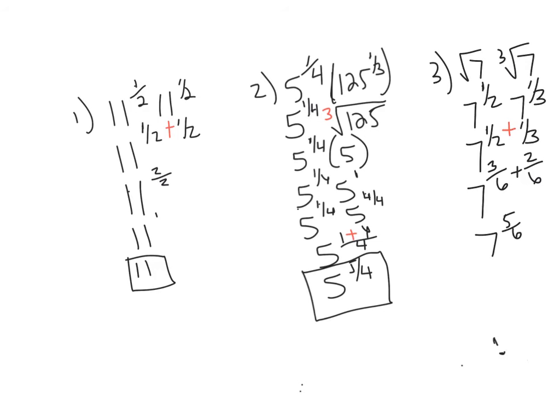And our denominator stays the same. So 7 raised to the 5 over 6. Or if you want to write it as a root, this would be the 6th root of 7 to the 5th. So not too bad. So let's take it up a notch.